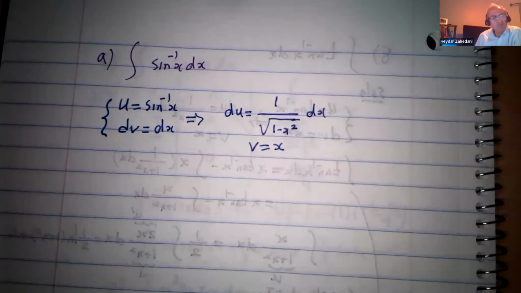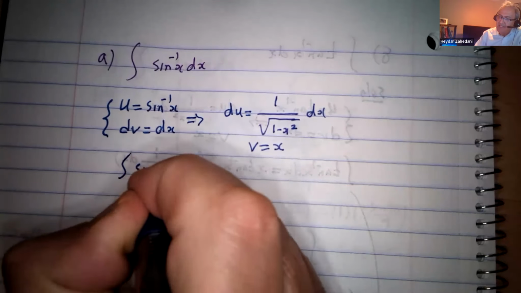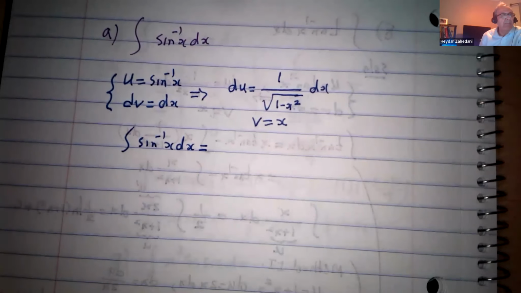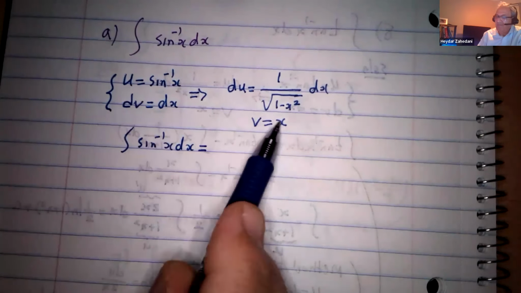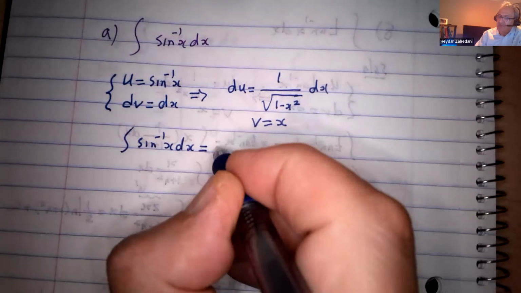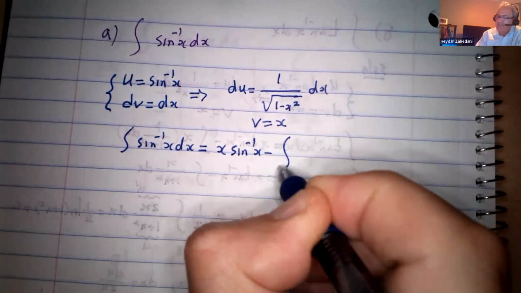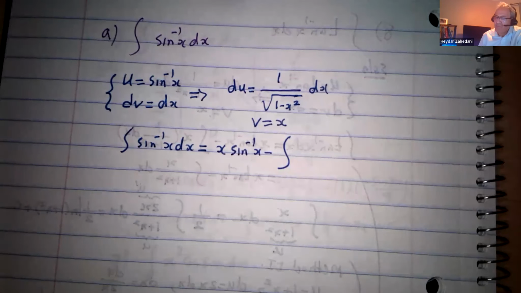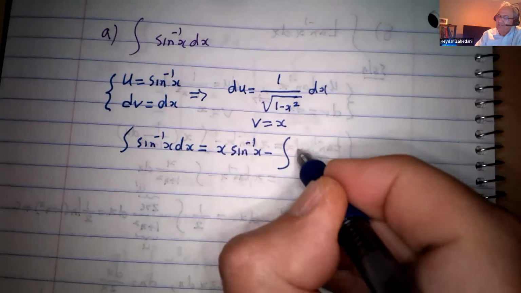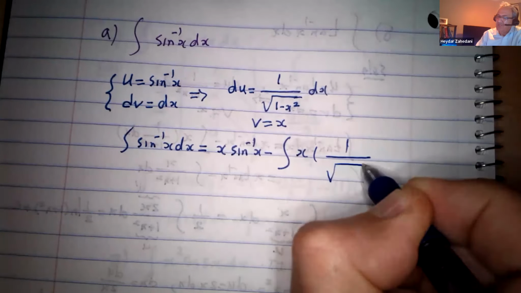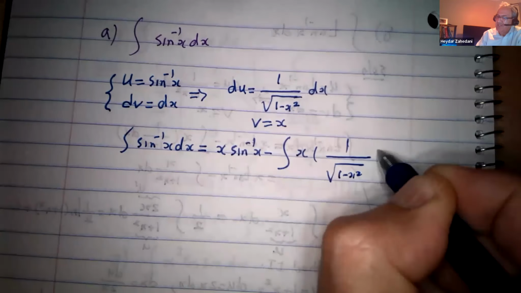Okay, that's a du, and the v is going to be just x. Go back, substitute into the formula. Integral of sine inverse of x dx is equal to u times v, uv. So it's going to be x sine inverse of x minus integral of v du. v is x, du is 1 over the square root of 1 minus x squared dx.